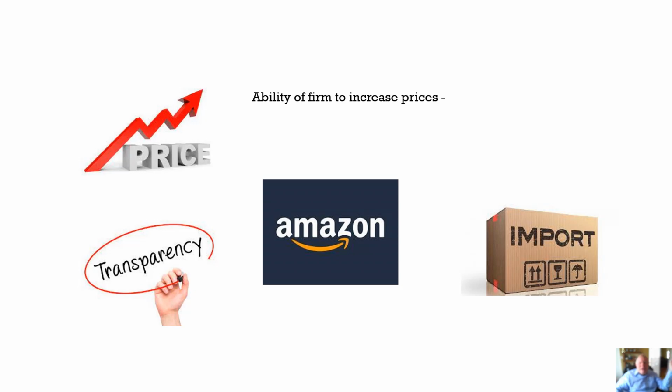The last one to think about is the ability of a firm to increase prices. Well, with the advent of the internet, online shopping, and more of our shopping is done that way, there's transparency. We know what prices are. We have Amazon. At the same time, we have a lot of opportunities, so it's much harder for companies to put a price increase through because there'll be another option. And then we have imports.